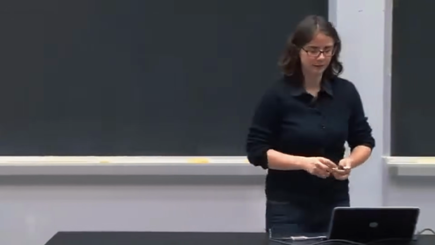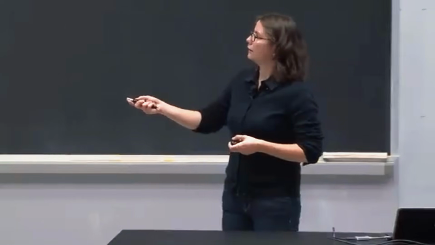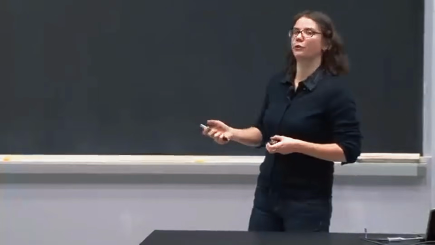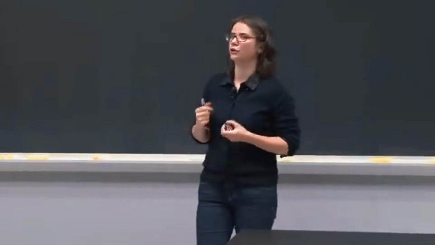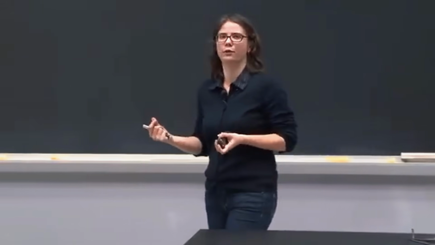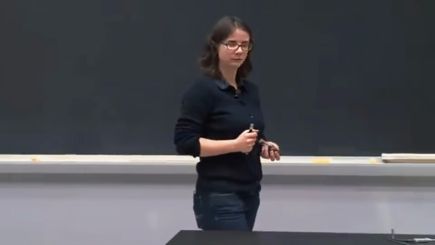All right, so how do we define this? So far, we've defined the init and the distance, and let's define this str. Underscore underscore str underscore underscore is a method. It's only going to take self because you're just calling print on the object itself. There are no other parameters to it. str has to return a string.